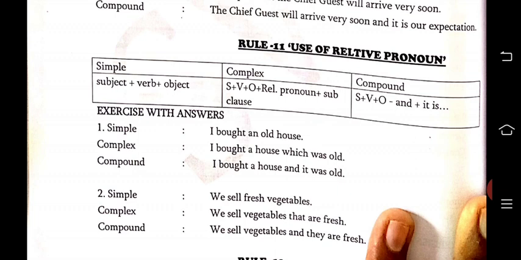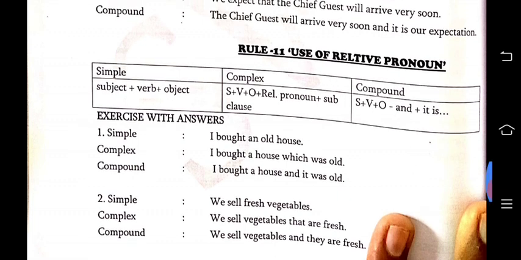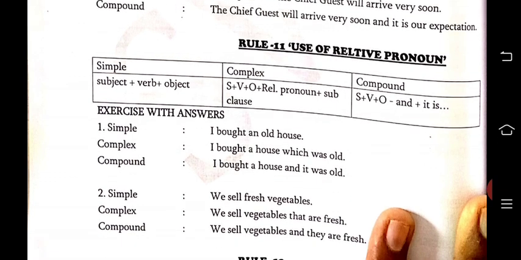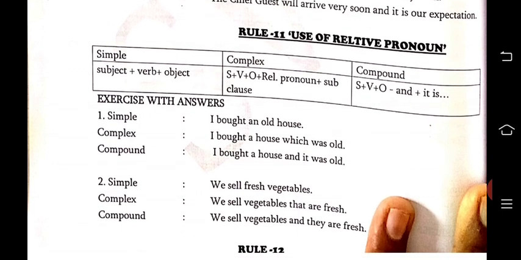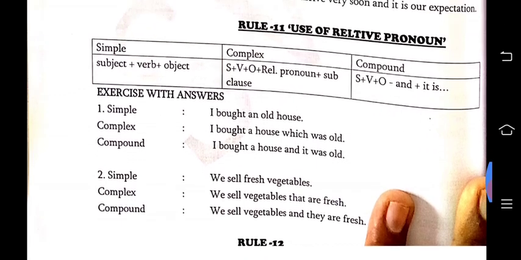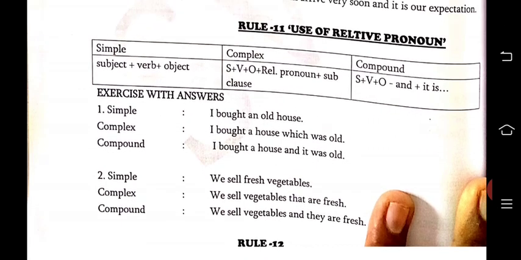I bought a house which was old: here we have used a relative pronoun. Compound sentence: I bought a house and it was old. Then, we sell fresh vegetables. We sell vegetables that are fresh, or which are fresh. Compound: we sell vegetables and they are fresh.